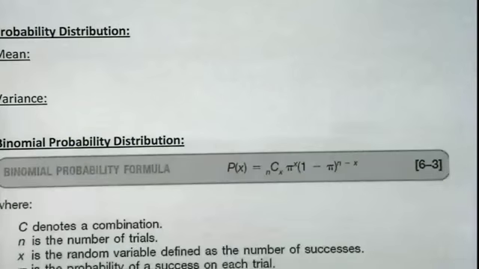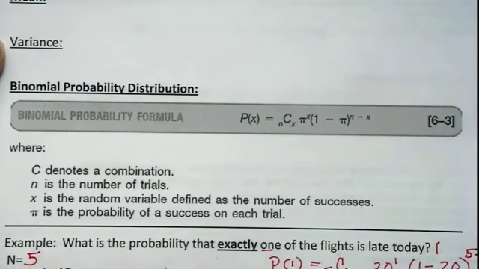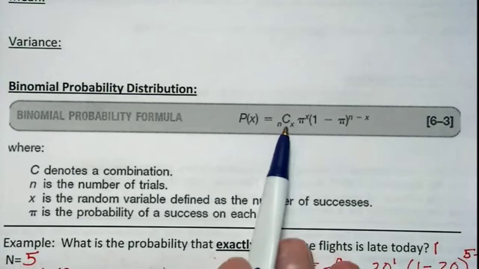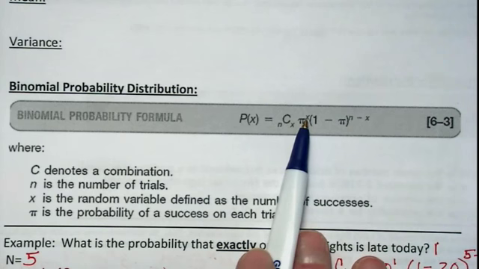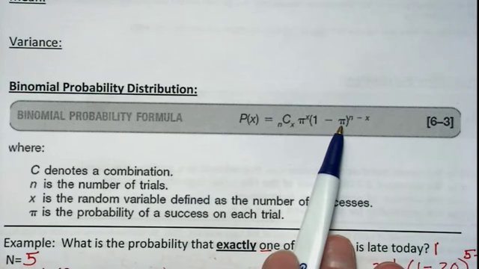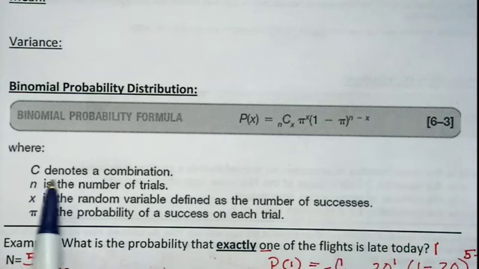What I want to concentrate on during this video is the binomial distribution, and there's the formula. If you notice, it's made up of the combination key. Again, pi in this class means percent, raised to the x power. Again, this is percent, n minus x. So what are they? C denotes the combination key.